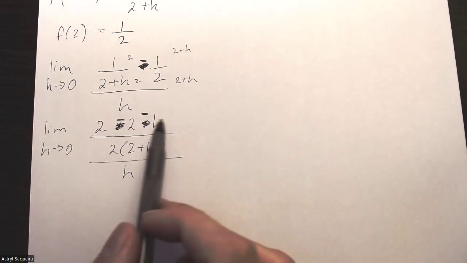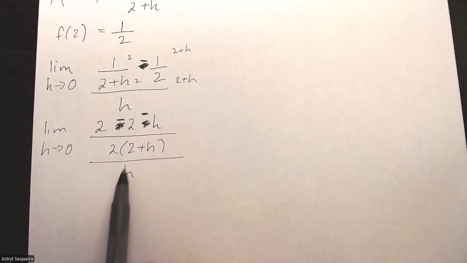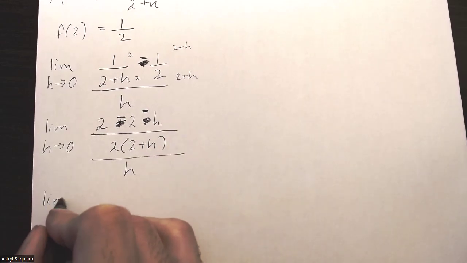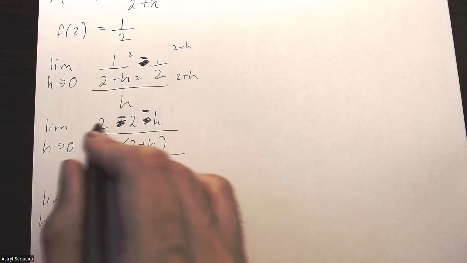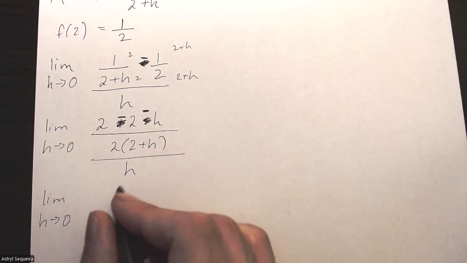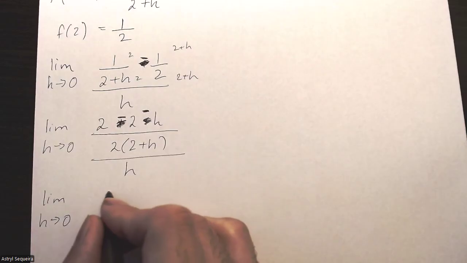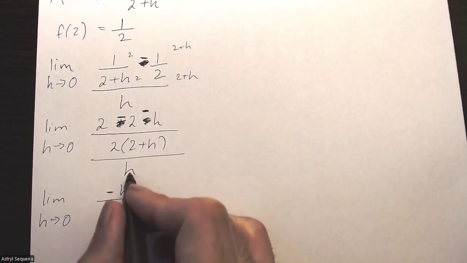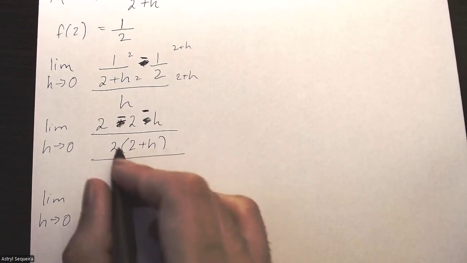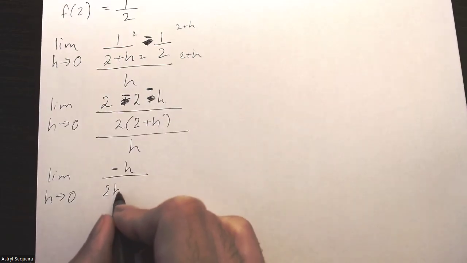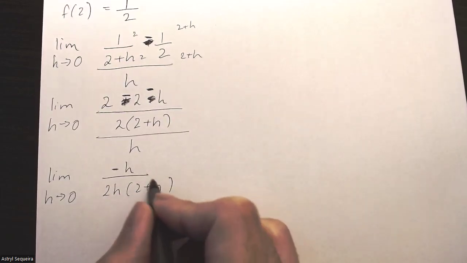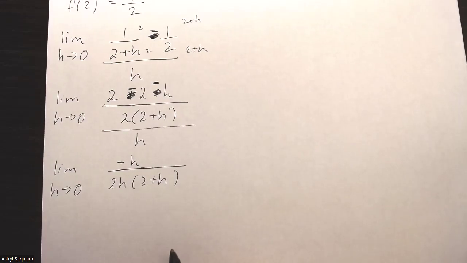Next step, I can do two things. I can combine like terms in the top, and I can also combine the two denominators in that step. If I combine like terms in the top, 2 minus 2 is just 0. I'm left with negative h in the top. And this h, I can just multiply with this denominator, so I'm left with 2 times 2 plus h on the bottom.